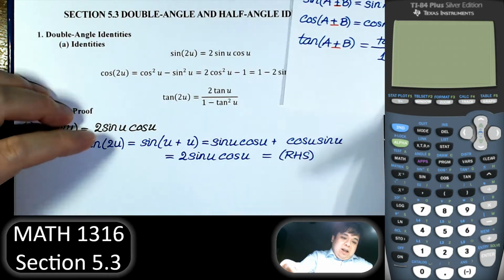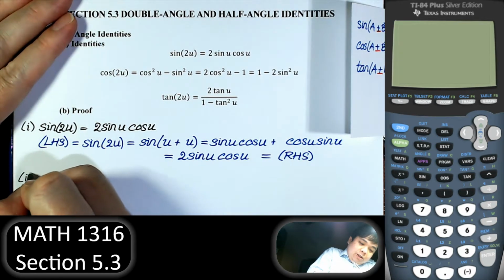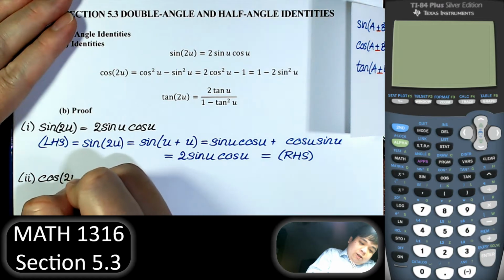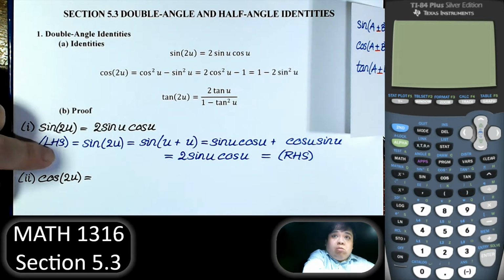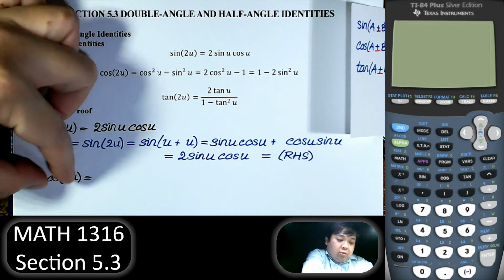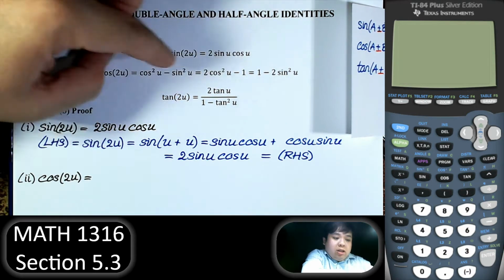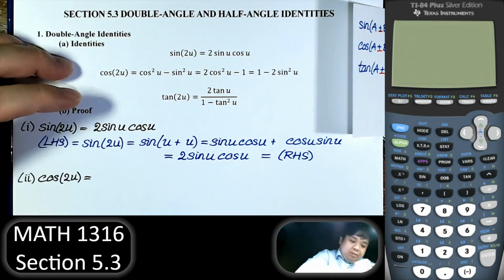Next, cosine of 2u. Now for the cosine, we have a lot of other options. Cosine of 2u can be written as this, or as this. So we can write cosine of 2u equal to one of those three.